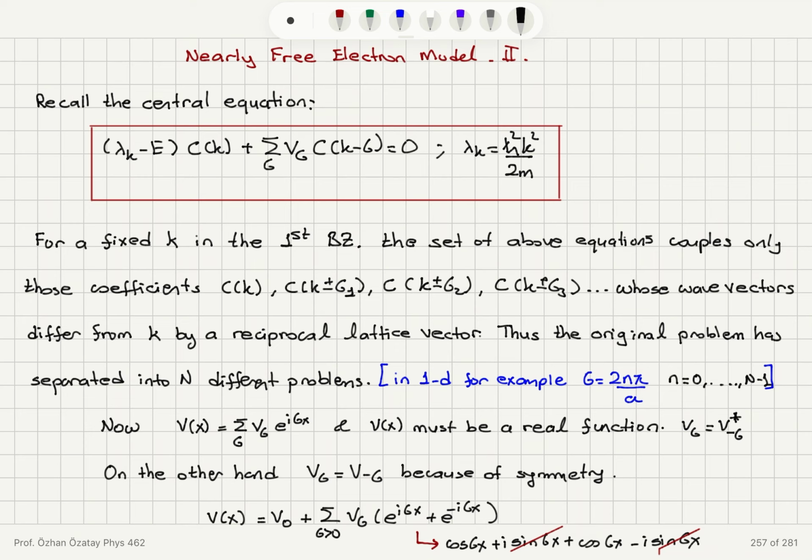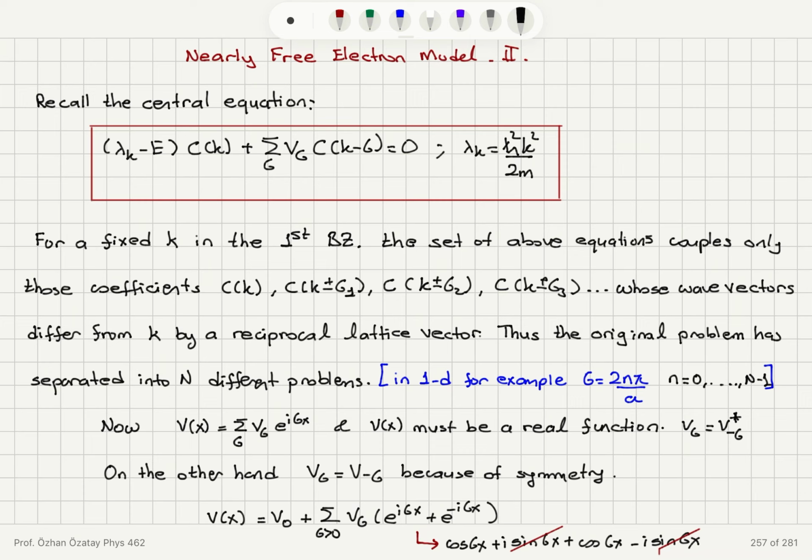And for each of them, we're going to have these g values. And therefore, this is going to give us, for capital N different k values that we will pick, capital N different problems to solve.